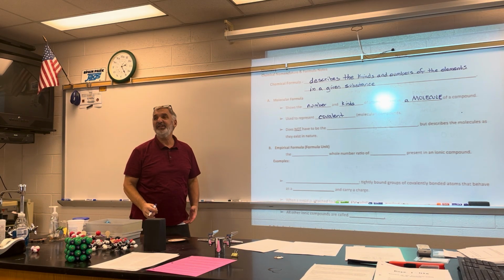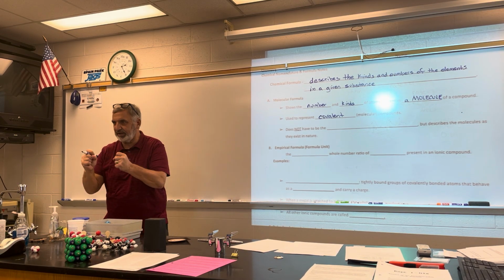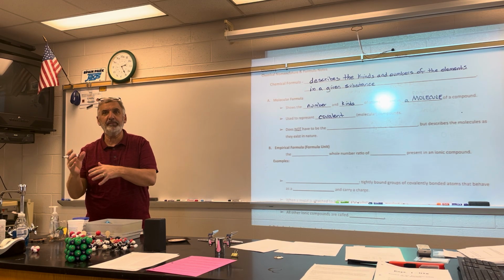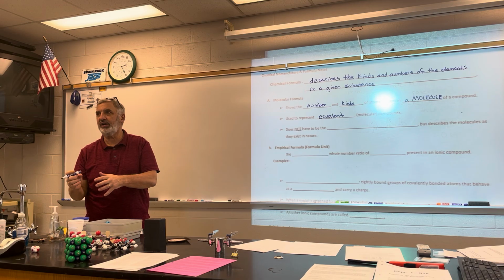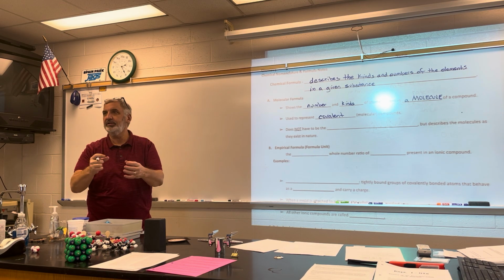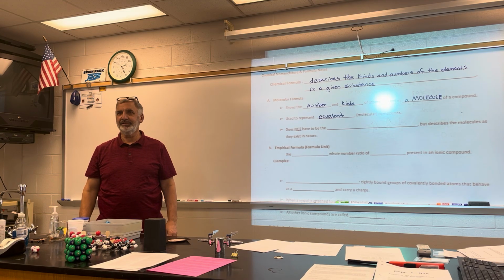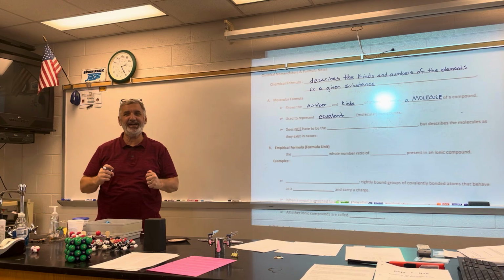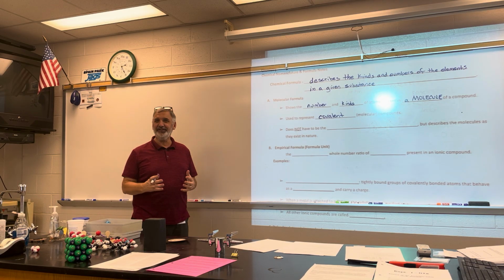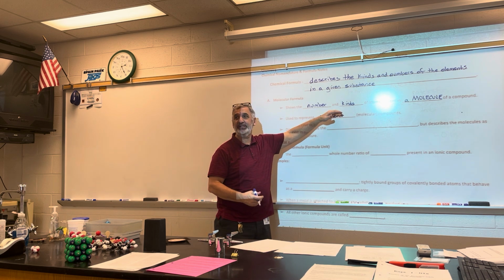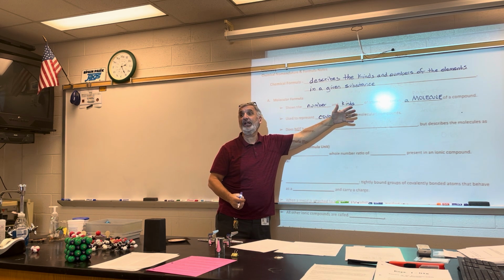So this is deep, okay? This is why you're at advanced level right here. Okay, a molecular formula describes the ratio in a molecule of the compound. I know that's deep, but I know it's late in the day, but hey, we just got to soak it in. Okay, so the molecular formula shows how many atoms and the types of atoms and how many in a molecule of the compound.